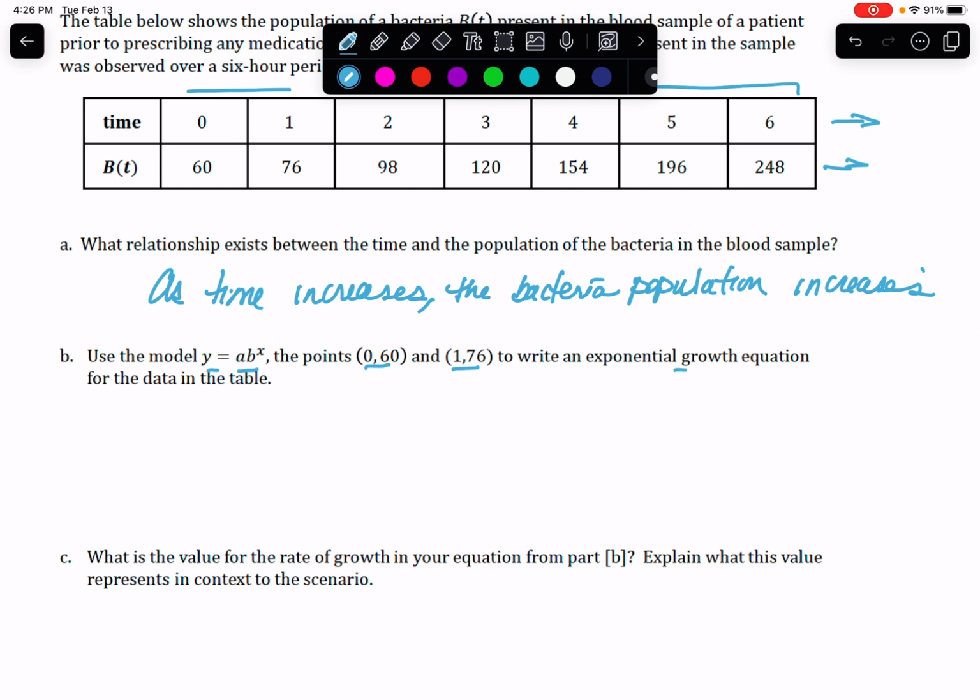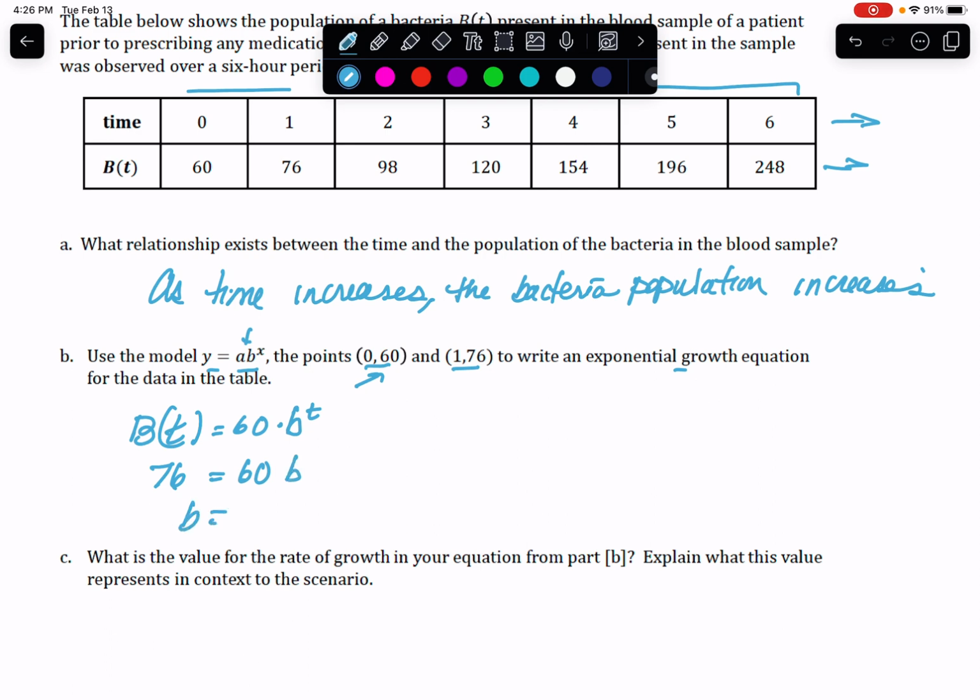exponential growth equation. So we know the bacteria at time t would be equal to the initial, which was 60 based on 0, 60. So 60 times b to the t. To find b, we have 76 equals 60 times b to the 1, which is b.